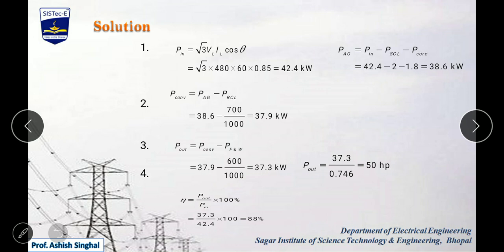Here we can see how we can find out PAG. This is the formula: P in minus PSCL, the P stator copper losses, and P core losses.